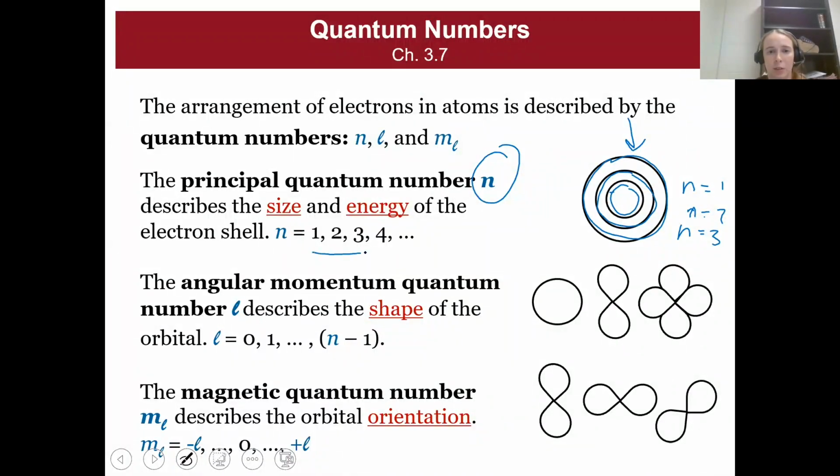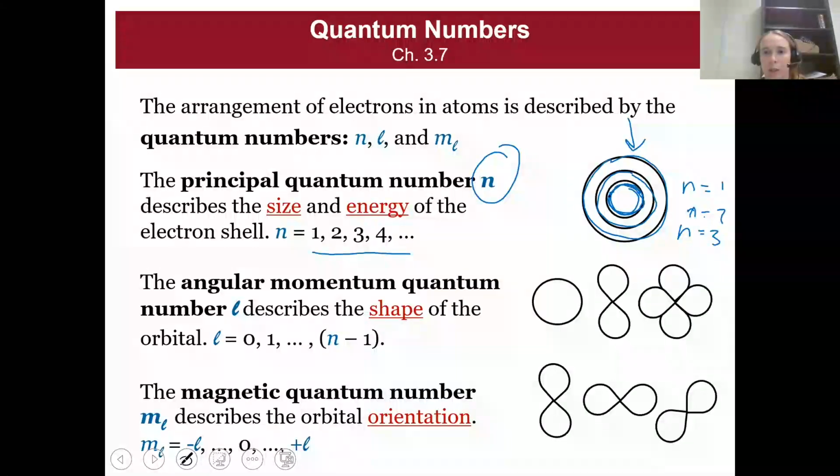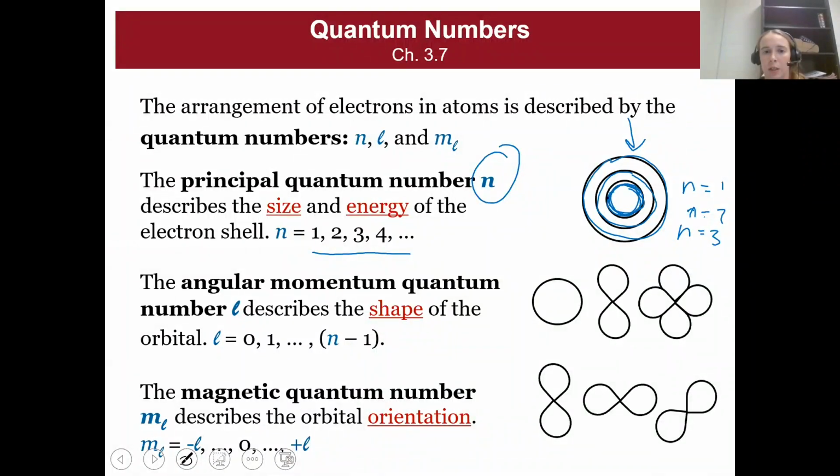n is still an integer like it was in the Bohr model: 1, 2, 3, 4. It can't be 0, so it starts at 1 and goes to infinity, but it's a whole number. And it's describing the probability of finding the electron in these orbitals. So the probability of finding the electron this far away from the nucleus, that's where it drops to 0, basically.